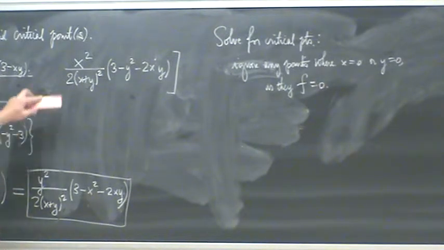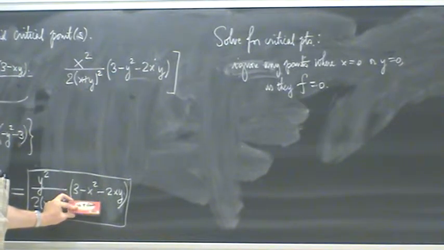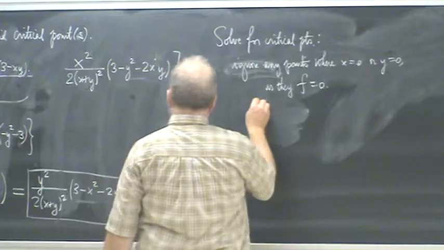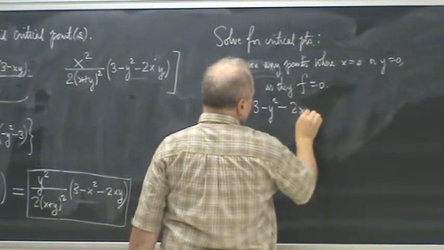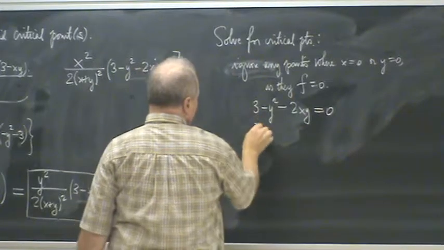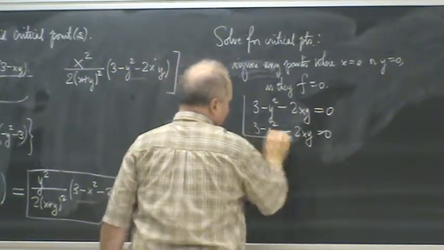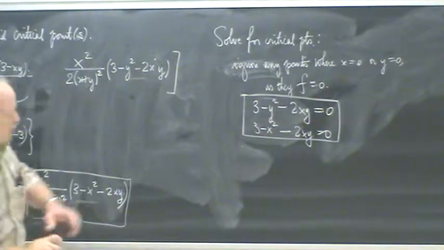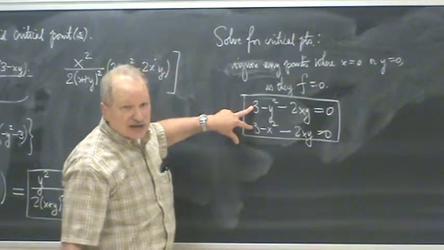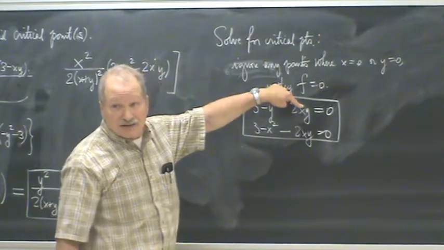So if neither of these is 0, then these guys both have to be 0. So both of these have to hold. Now you can say, both these terms, as we had yesterday, have a commonality of 3 minus 2xy.